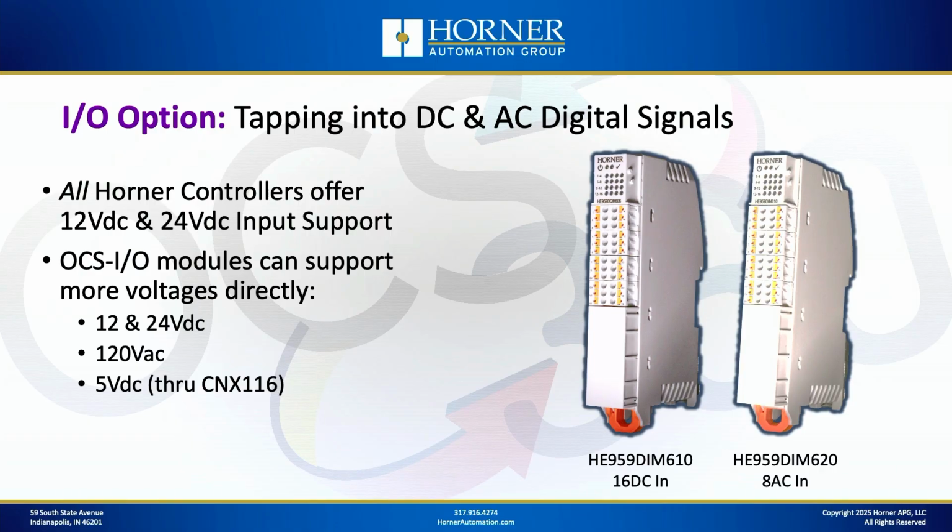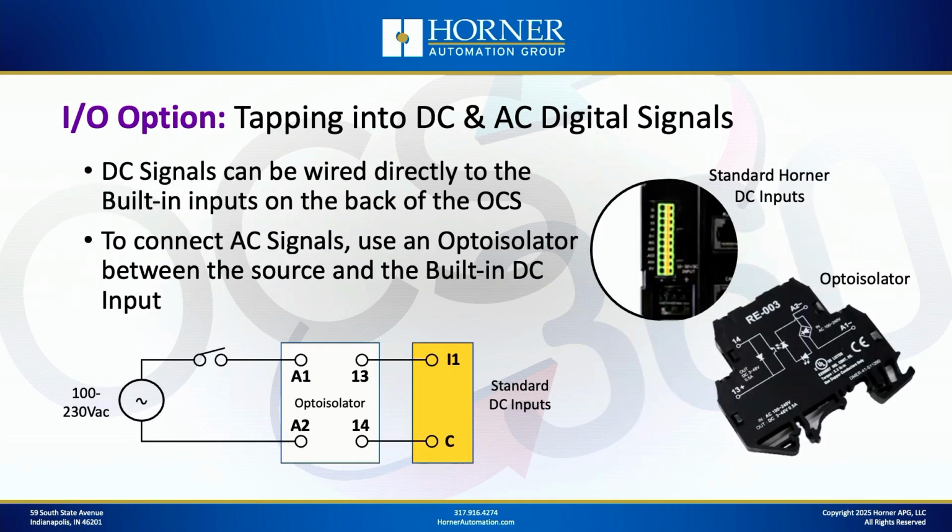You can support 120 volts, for instance, if you need to tap into an AC signal, because we've got an AC input module available for OCS I/O. And there's even a way of grabbing 5-volt data as well. So again, that's one of the reasons I think the CPU 300 is the ultimate edge device, and that's because it has the ultimate capability of connecting to whatever type of I/O you might possibly need on an existing machine.